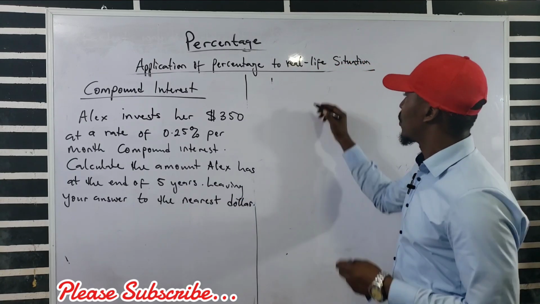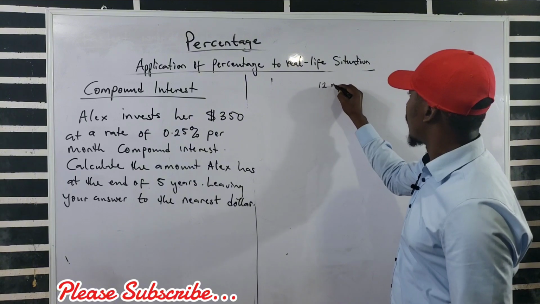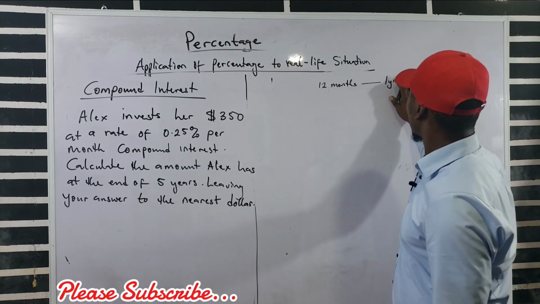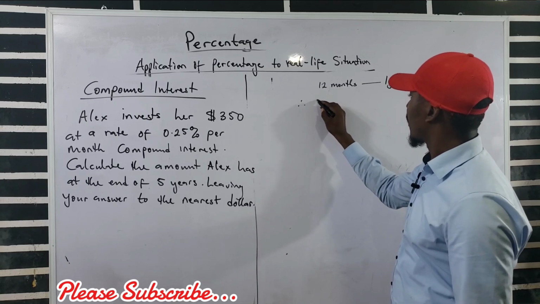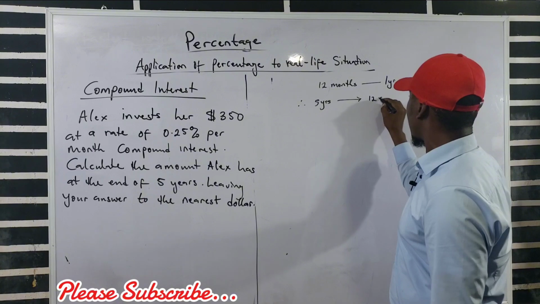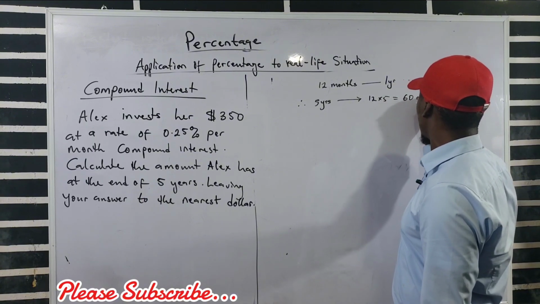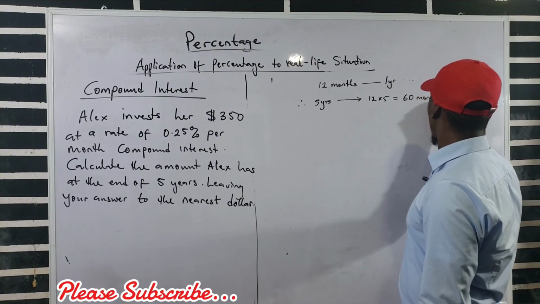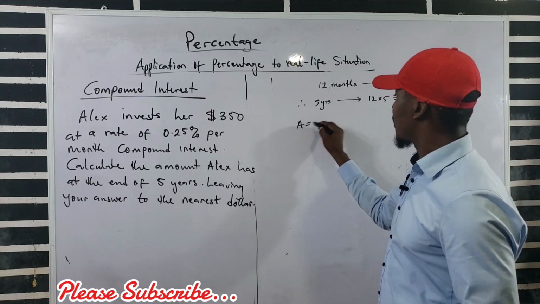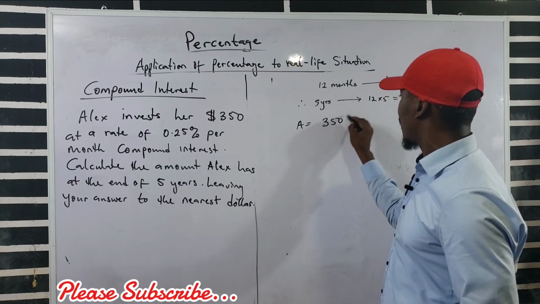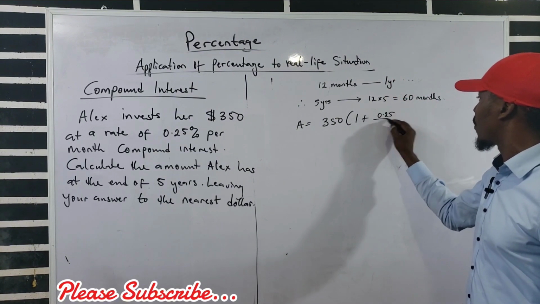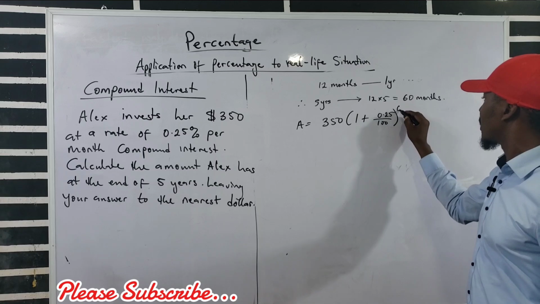So the first thing I will need to do is to say that 12 months equals 1 year. Therefore, 5 years will give us 12 times 5, which equals 60 months. Using the formula that we have been using, the amount equals P, which is 350, into 1 plus the rate, which is 0.25 over 100, to the power 60.